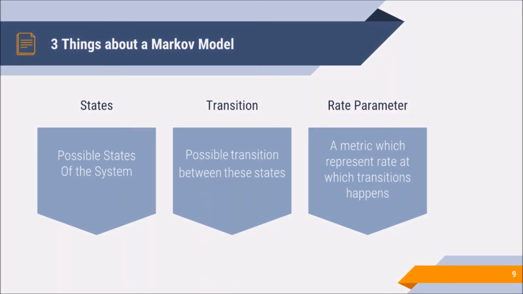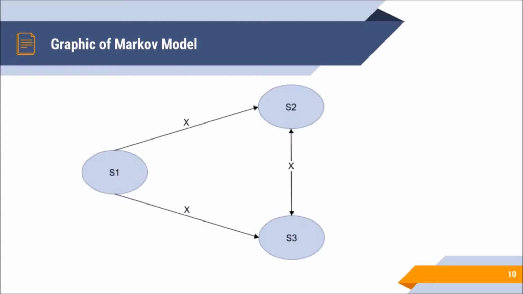So let's try to visualize what a Markov model is. If you see in our graph, there are three nodes or vertices labeled S1, S2, and S3, and there are four edges. Visually there are only three edges, but if we look closely, the edge between S2 and S3 is bidirectional, which means in total there are four edges.